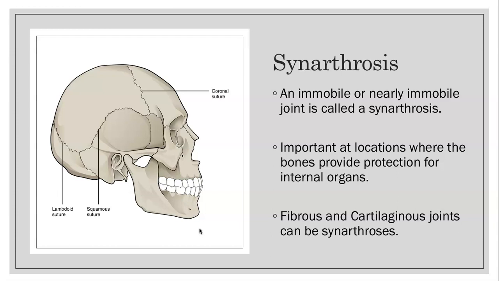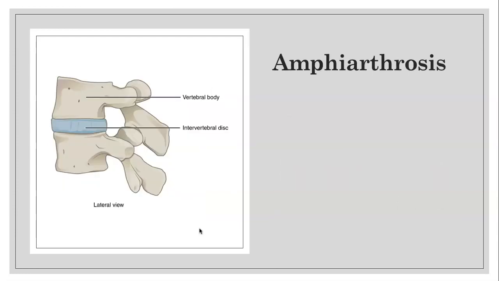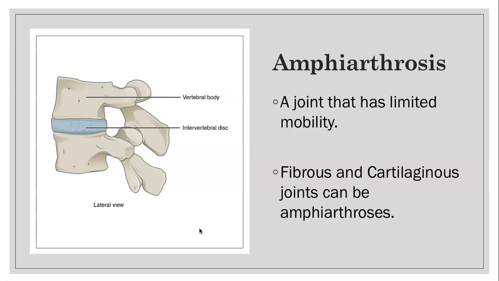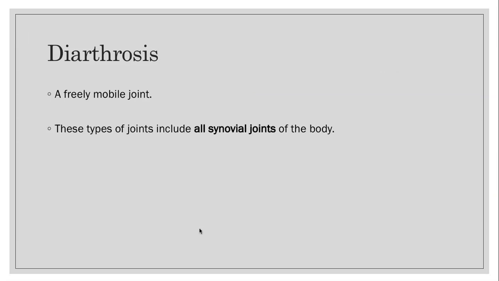Both fibrous and cartilaginous joints can be synarthroses. The next example are the amphiarthroses, or basically joints that have limited mobility. And once again, fibrous and cartilaginous joints can be amphiarthroses. The last are the diarthroses, which are the freely mobile joints.